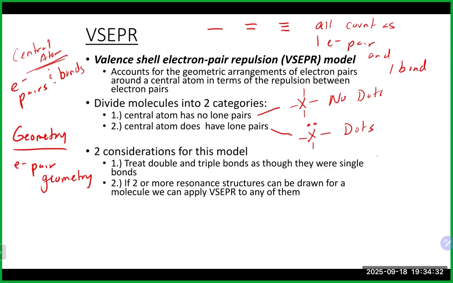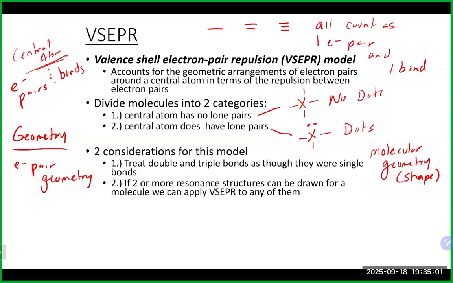The other type of geometry that we're going to talk about is the molecular geometry. That is also sometimes just generically called the shape of the molecule. The molecular geometry is a result of how many bonds there are and how many non-bonding electrons there are, the actual overall shape of the entire molecule.